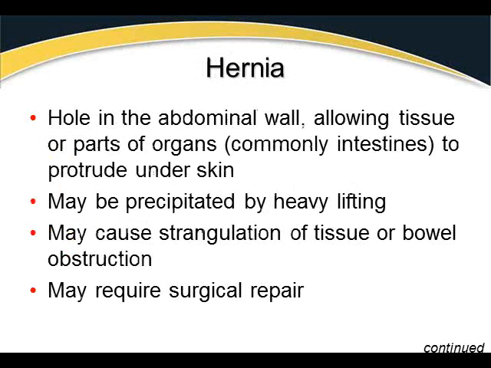So a hernia. Now, a hernia in general is a hole somewhere in the abdomen that allows tissue to poke through. So the picture that they show you in the book on 576 is an inguinal hernia.